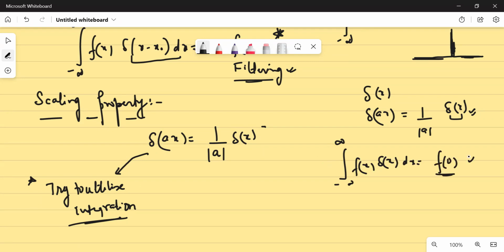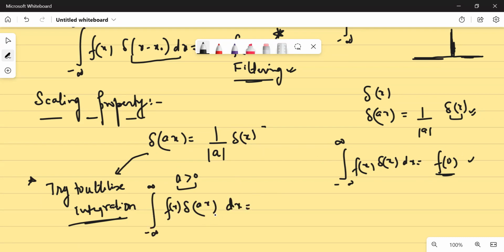At least you know this particular property, and by knowing it you can do a lot of things. For example, let me explain this property for the case a greater than 0. You can write f of x times Dirac of ax and integrate from minus infinity to plus infinity.